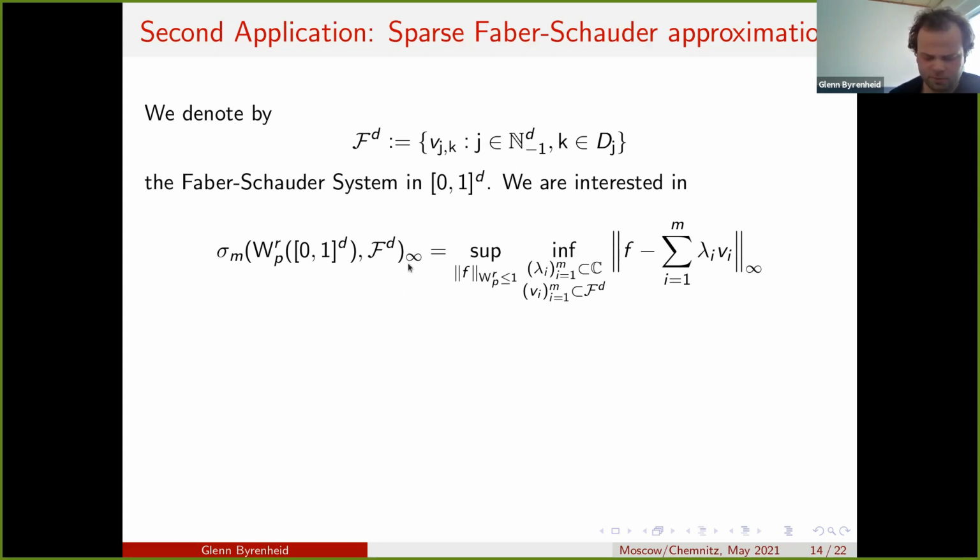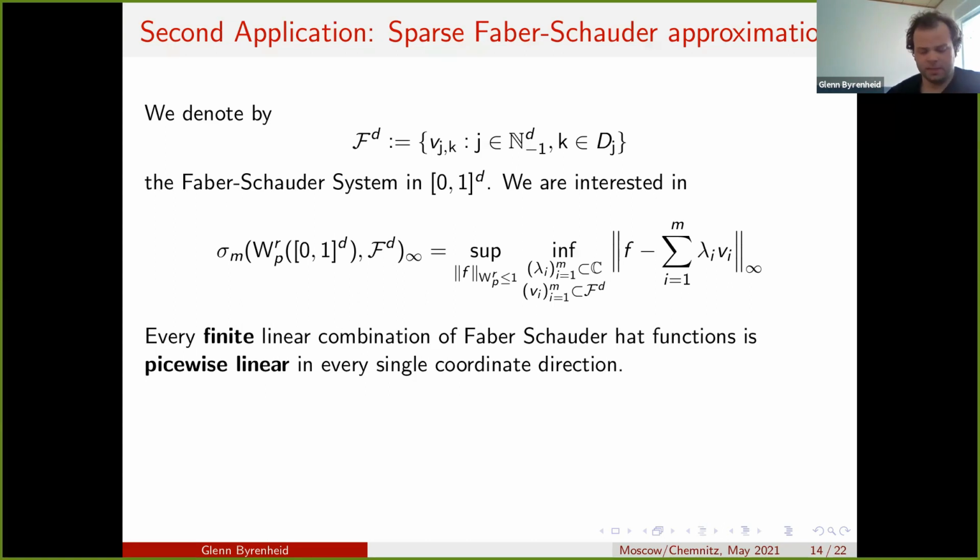And in our case, we will always measure in L infinity. The interesting point is that every finite linear combination from the Faber-Schauder dictionary is piecewise linear in every single coordinate direction.